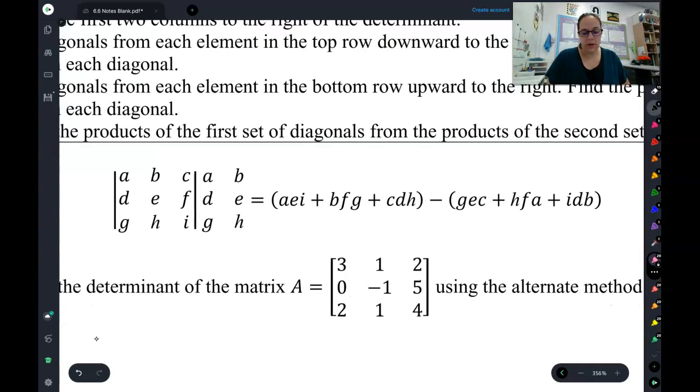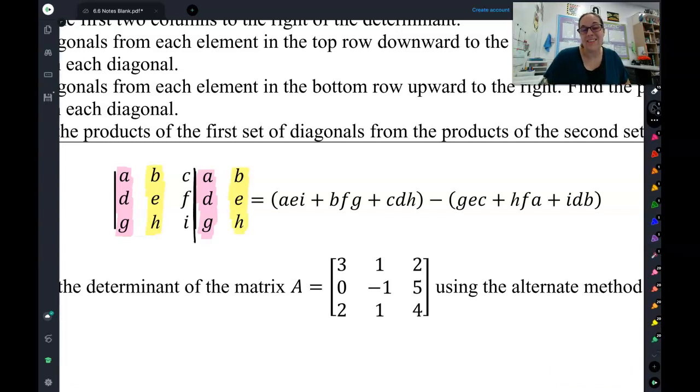And what we're going to do is we're going to take our matrix, and then we're going to repeat the first two columns. So notice I took these first two columns and then I repeated them. And then we're going to multiply and add the diagonals, kind of like we did with the 2 by 2. So I take this diagonal first, A, E, I, multiply those numbers together, and then I plus, multiply those numbers together, and then I plus, multiply those numbers together.